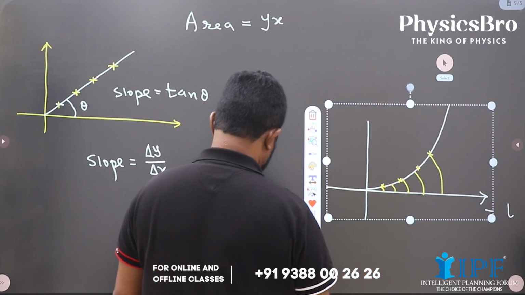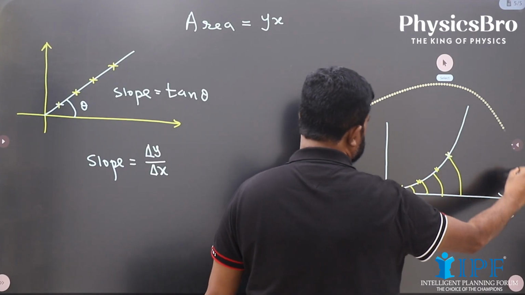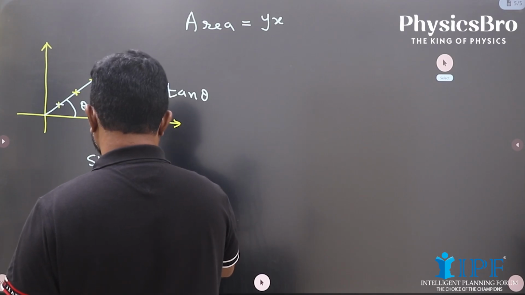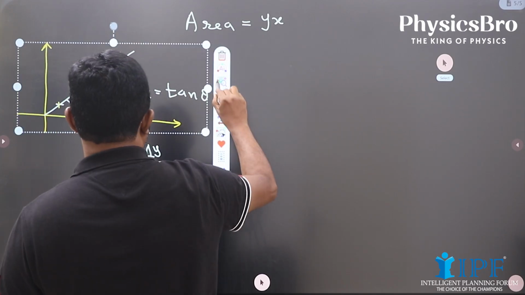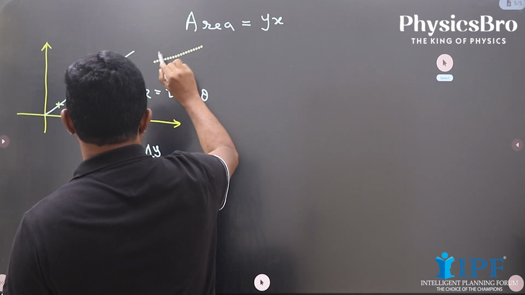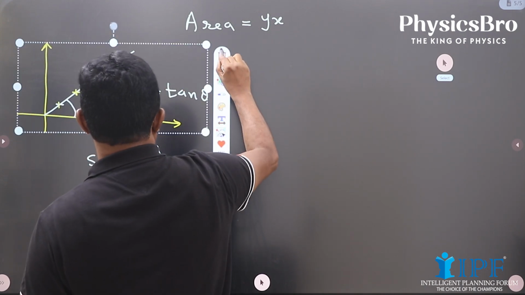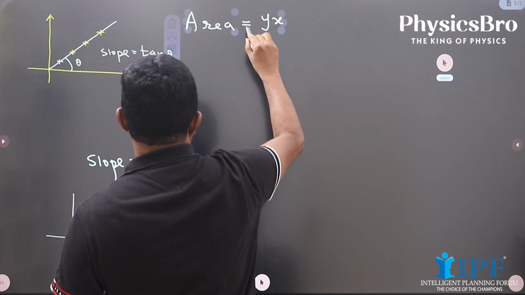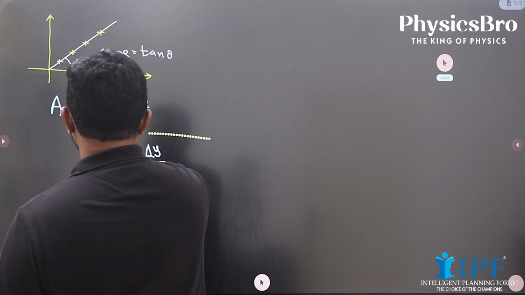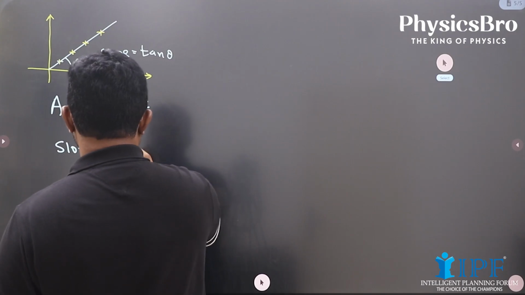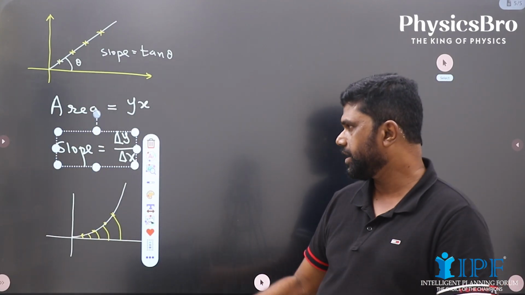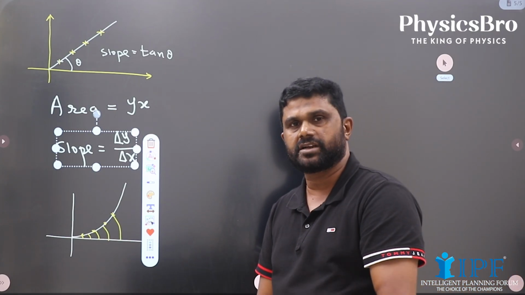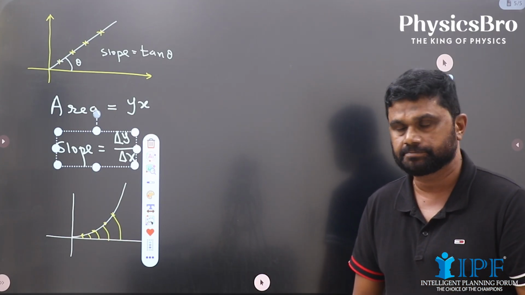If you find the area of a graph, you will get the quantity along the y-axis into the quantity along the x-axis, and if you find the slope of the graph, you will get delta y by delta x, the change in the quantity along the y-axis by the change in the quantity along the x-axis.